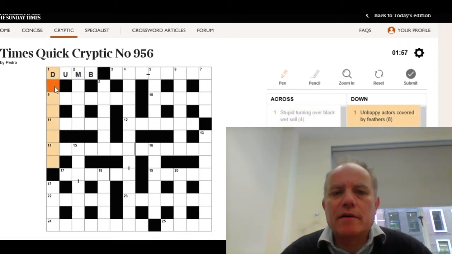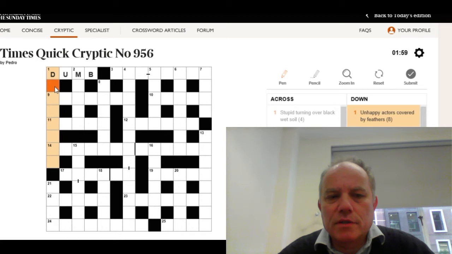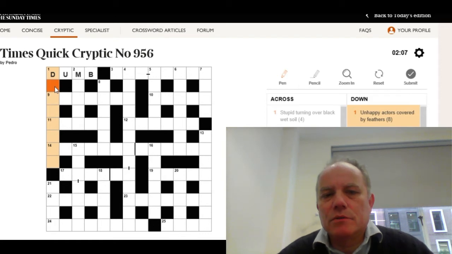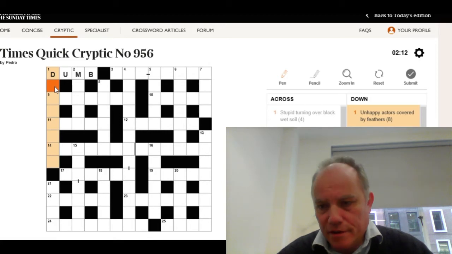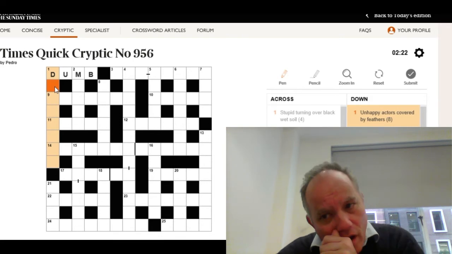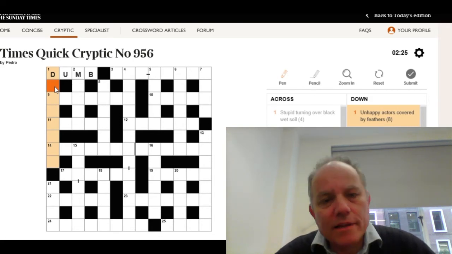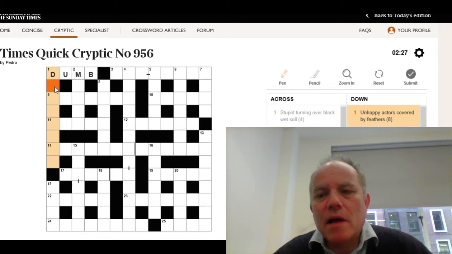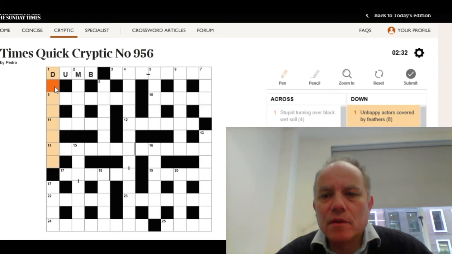And let's have a look at one down. Begins with a D, and it's always useful to go to words where you have a letter in the grid, because that helps shape your thoughts slightly about the sort of synonyms or translations of abbreviations you need to find. And here at one down, 8-letter word beginning with D. The clue is unhappy actors covered by feathers. So we're either looking for an 8-letter word meaning unhappy, somehow made up of a word for actors and a word for feathers.